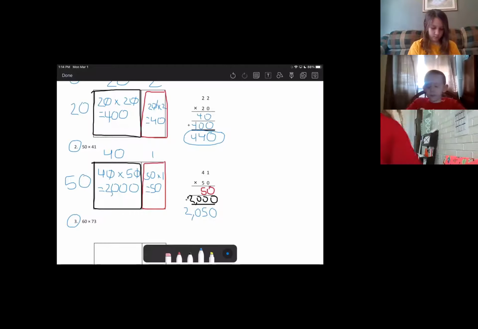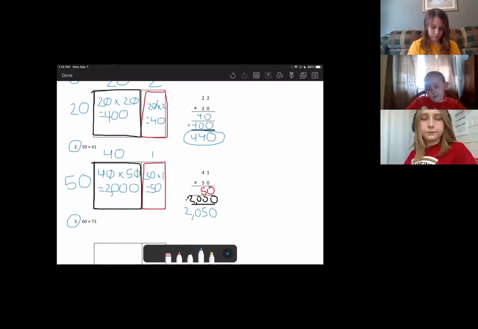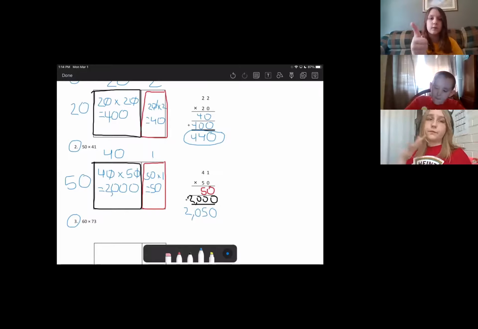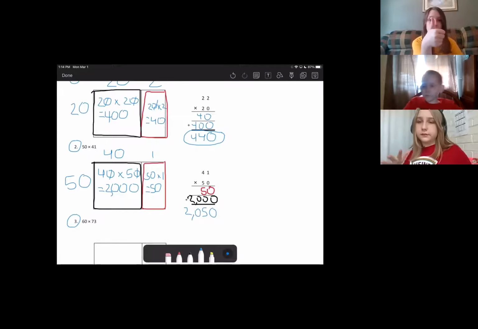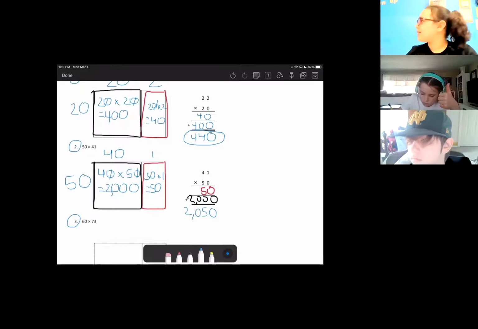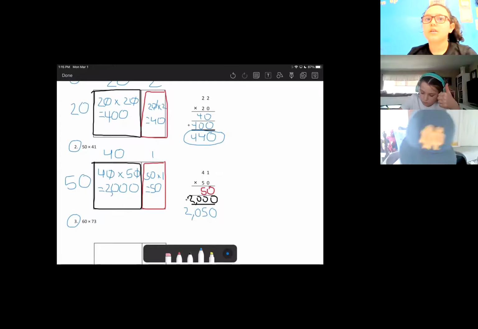All right, so how are we feeling about multiplying 2-digit by 2-digit numbers? We feel good, maybe in the middle, or thumbs down, you're a little confused. All right, so my friends that are in the middle, what are we confused on? What can I help explain more so that you'll understand better?